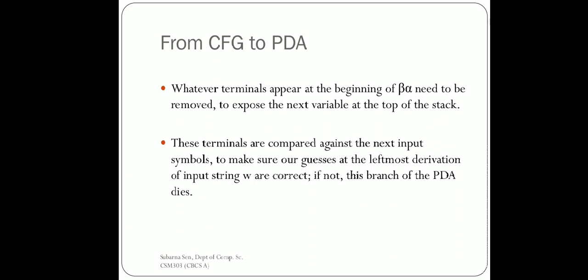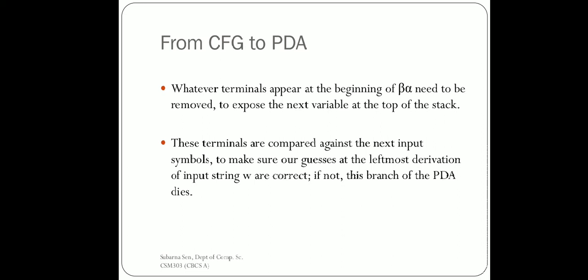If you remember what we discussed previously, we divided w into two parts, x and y. x is the set of those terminals which have been consumed by the PDA, and y is the set of remaining terminals, right? So if we are popping some terminals from this beta part to get to the first variable so that we can work on it, we need to compare whatever terminals we are removing with the remaining part of w, that is y, right?